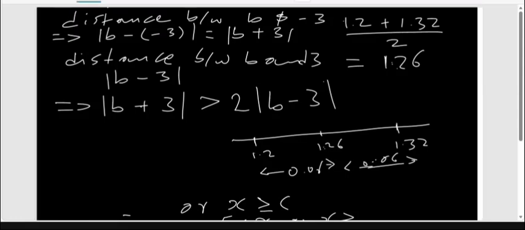So 0.06 is the distance between the midpoint of the two extremes and either end.